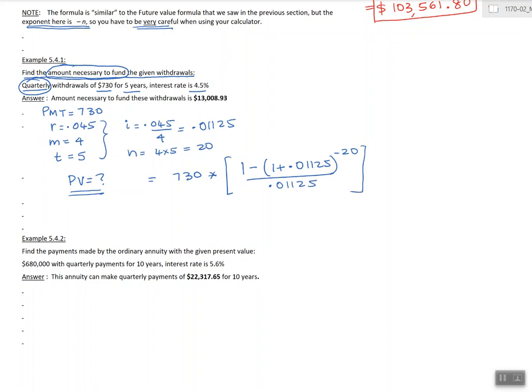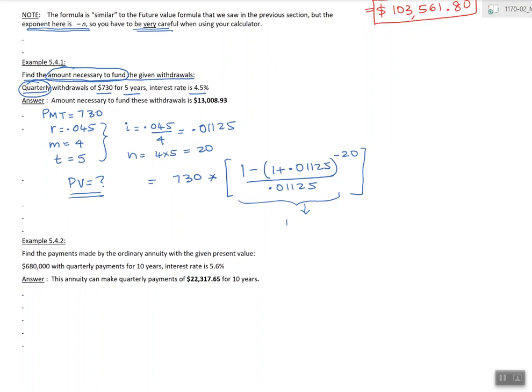So as before, one should find this number first, and if you do that, you will get 17.82045, and then you would multiply by 730, and when you do that you're going to get 13008.93. So that means if your annuity has $13,008.93, then you can withdraw $730 each quarter for 5 years.